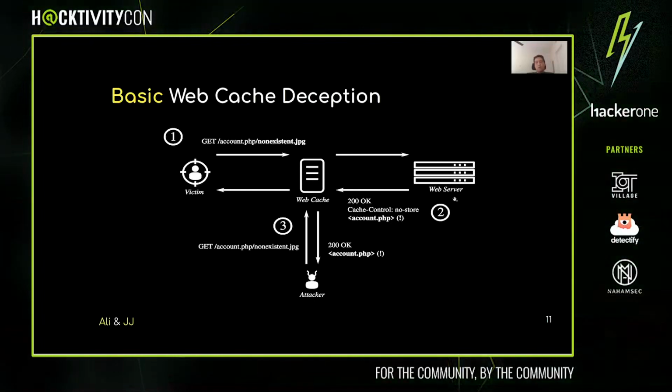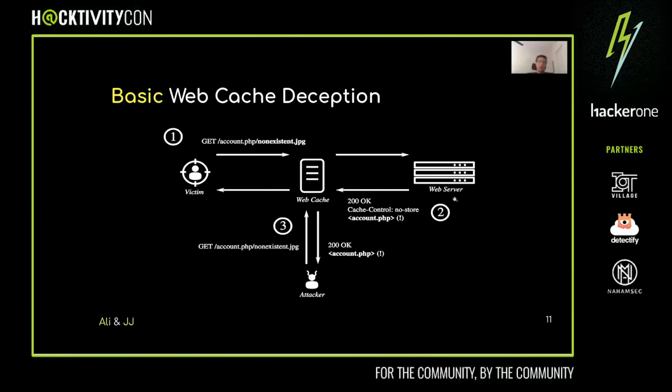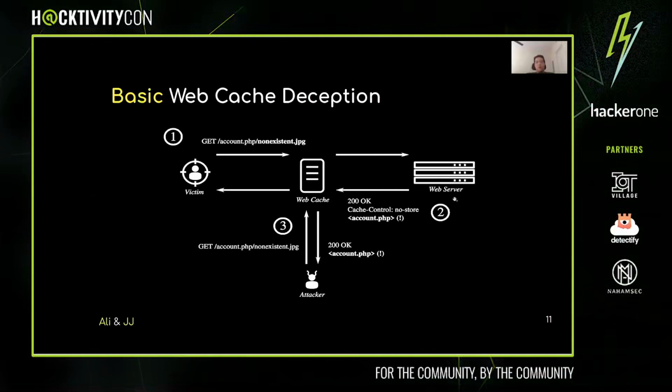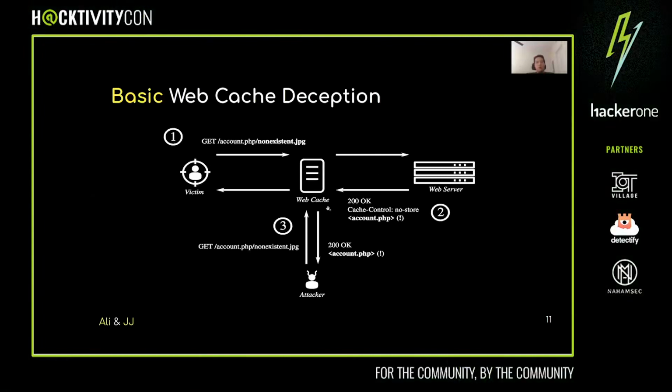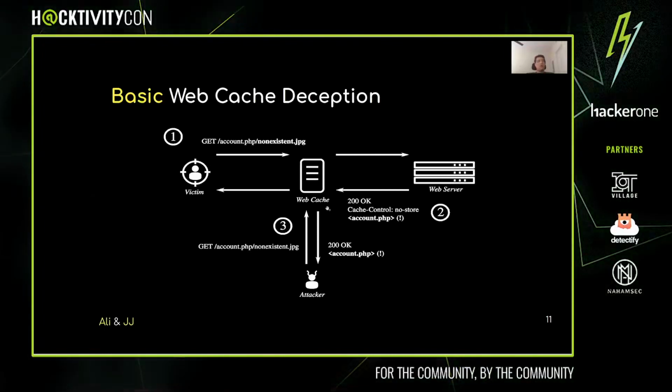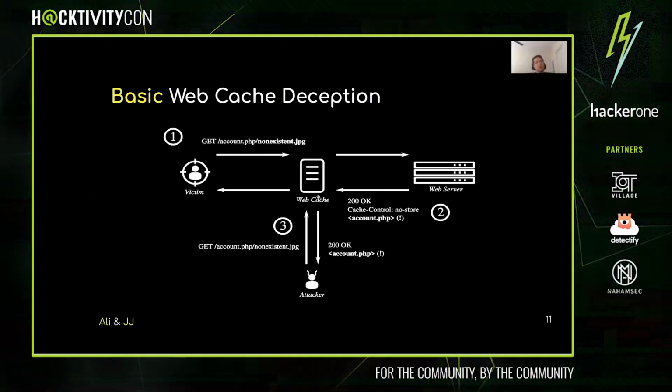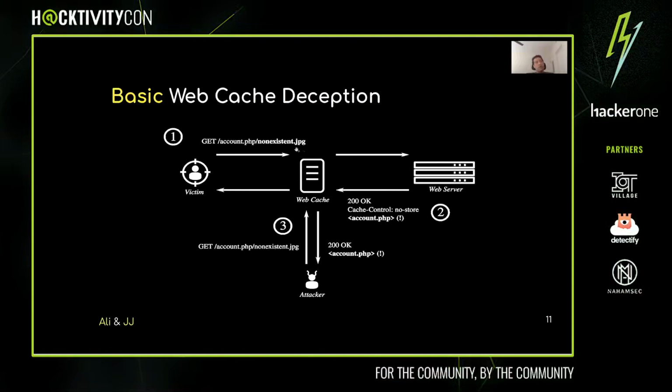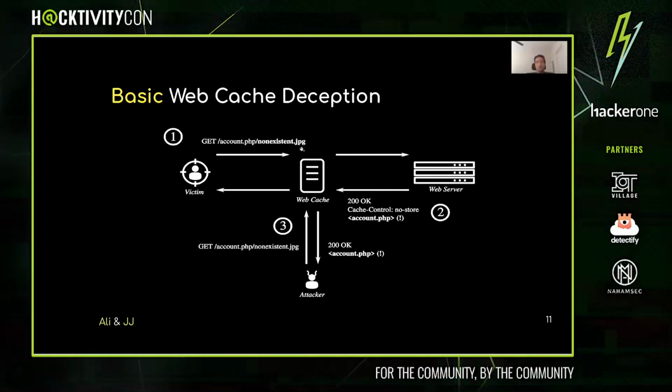Unaware of the URL mapping that happened on the server side, the web cache stores the response as a static image file, because web caches, based on the caching rules, cache the content based on the extension, which is JPG, obviously.